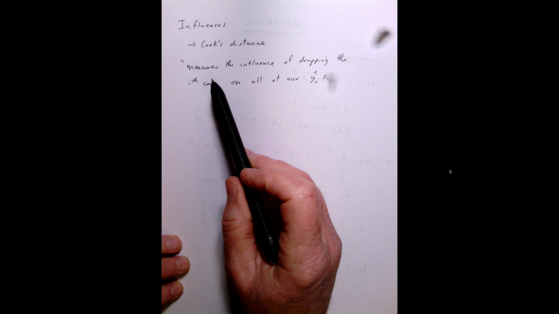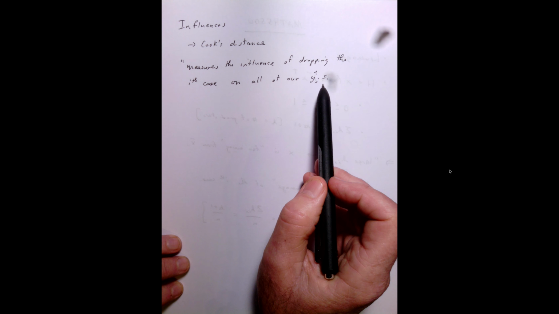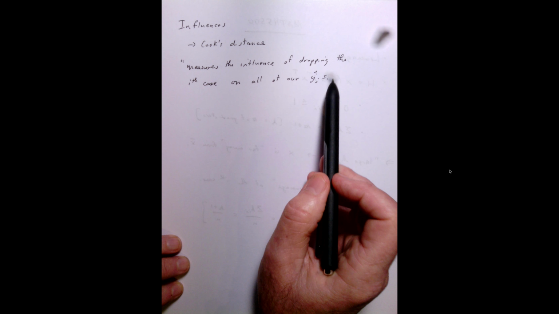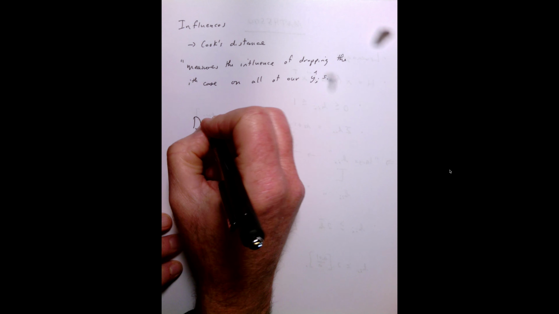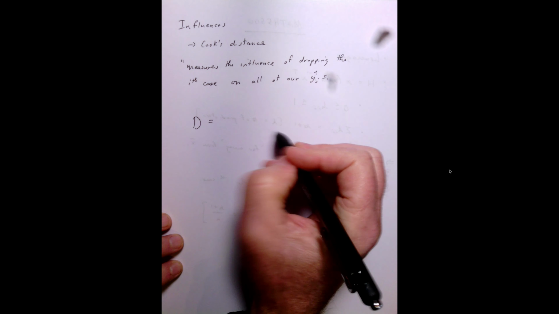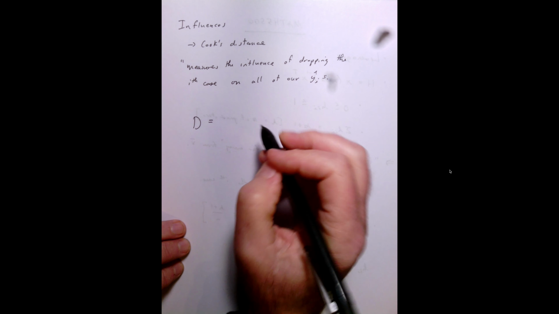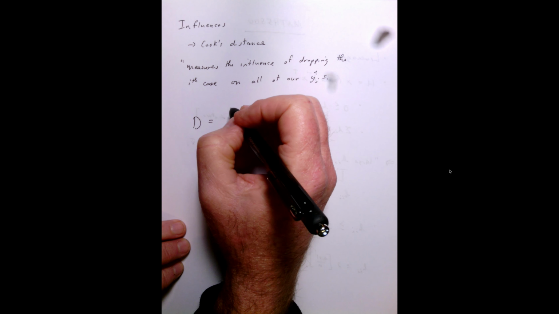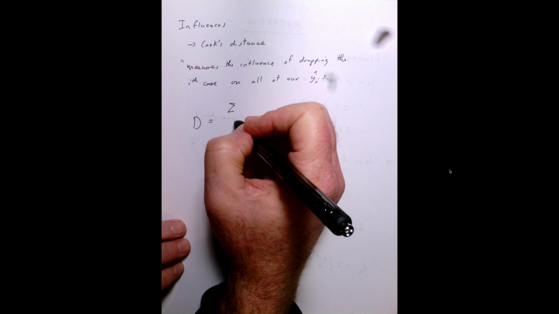This even goes further, this being Cook's distance. It gives us an indication of the influence of dropping a particular case on all of our predicted values. Now, the way that we calculate this, and let me tell you right now, you're not going to use this form to make your calculations, but I think looking at this form gives you a pretty good indication of what we're doing here.